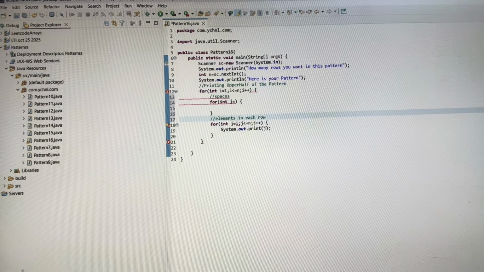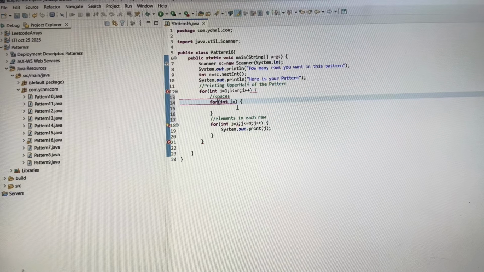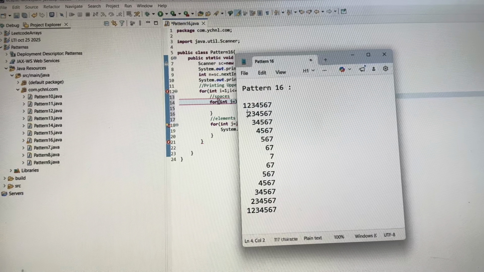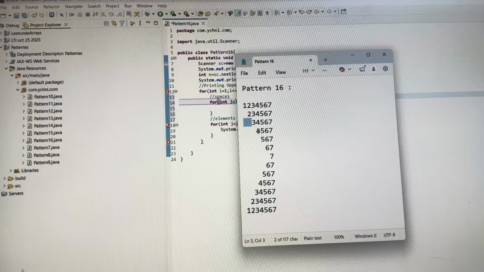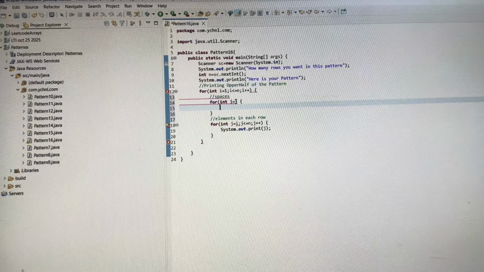To print the spaces in the upper half of the pattern, here 1 space, 2 spaces, 3 spaces, 4 spaces, 5, so the spaces are in increasing order, right?